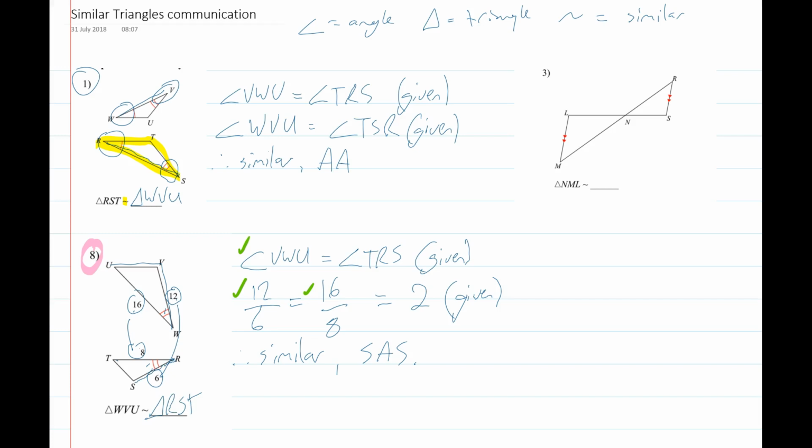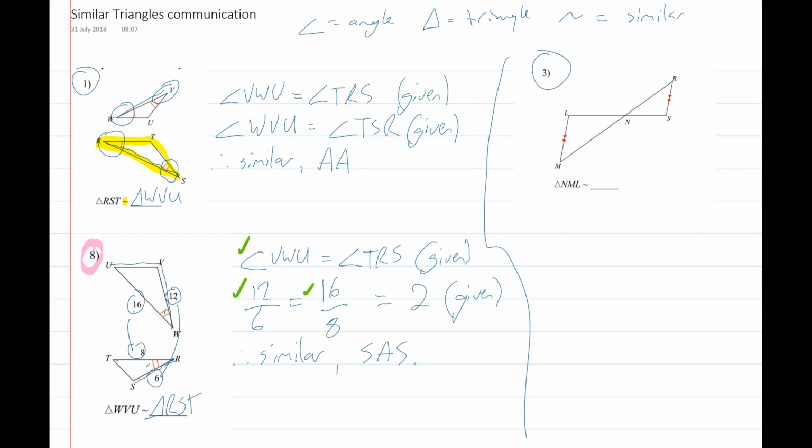So far we've only used information that's been given to us. Let's take a look at information that we might need to work out. Have a look at number 3. No sides given, no angles given, but it has got these fancy things that mean those 2 lines are parallel, and whenever you see those, you know that there's something more to the story.